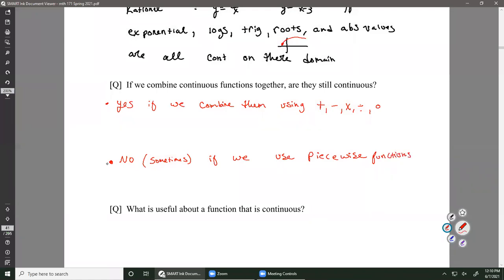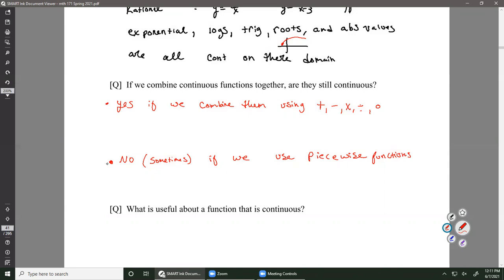Remember, a piecewise function takes a bunch of functions and we look at it from x less than some number, it's this function, x greater than another number, it's this function. And that's how we get those discontinuities on their domain.